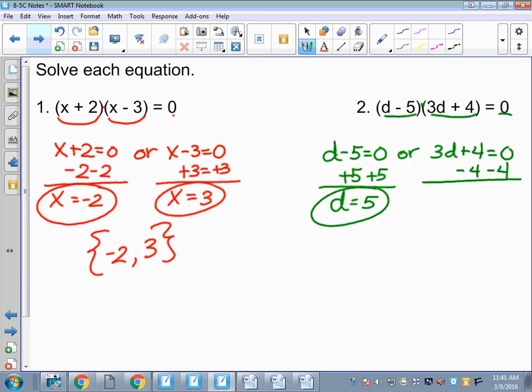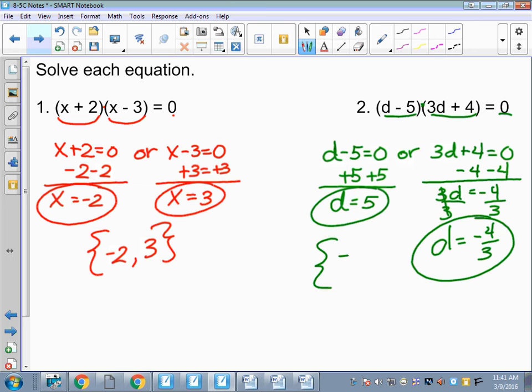Okay, we want to take care of the stuff away from the variable first. So then we end up with 3d is equal to negative 4. Divide by 3, divide by 3. So you just have to do two steps. d is equal to negative 4/3. So two solutions, we just put them in the fancy solution set because there's more than one solution.